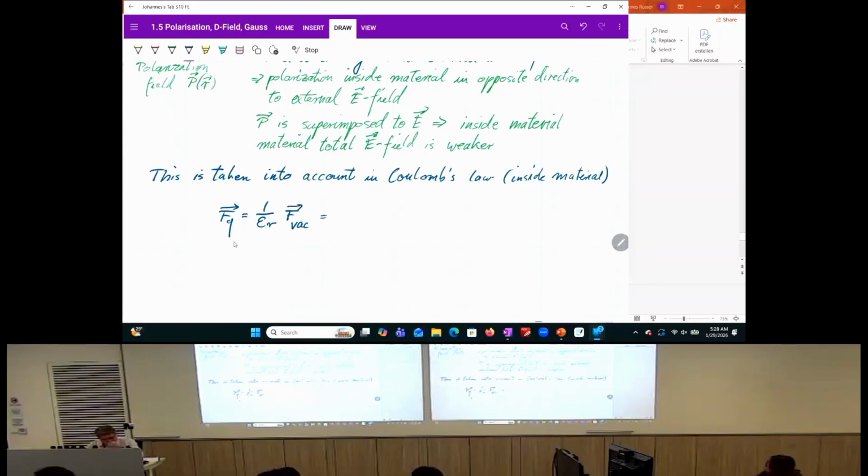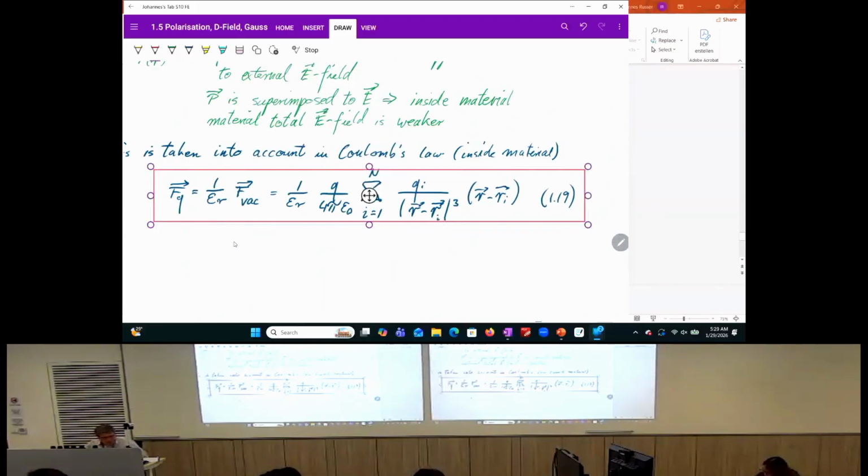So your Coulomb law is 1 over epsilon_r times the charge, 4π epsilon naught, summation of all the contributions i running from 1 to n. So this force is a force in vacuum, yeah?